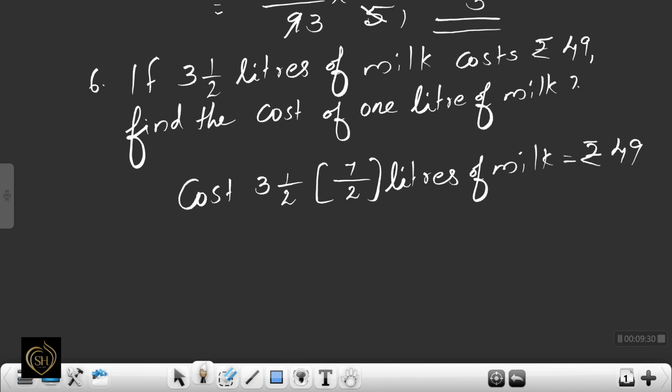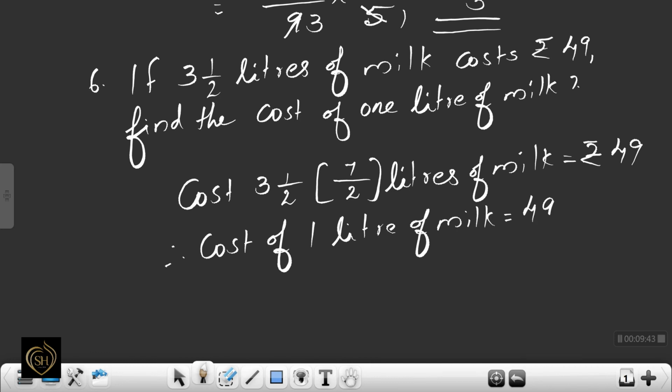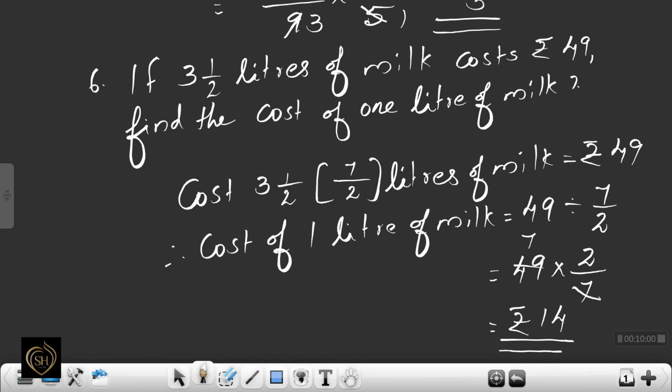We want to calculate the cost of 1 liter of milk. Cost of 1 liter of milk is equal to 49 divided by 7 by 2. That is equal to 49 into 2 by 7. Cancellation possible. 7 sevens are 49. 7 into 2 is equal to rupees.